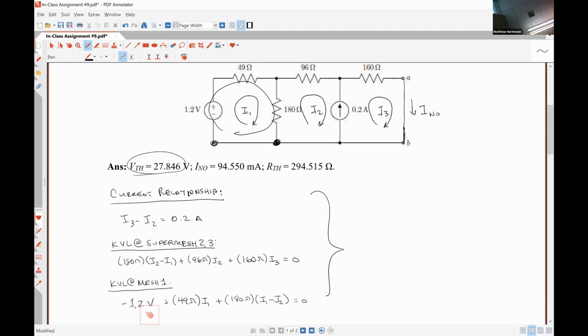It's equal to 0. And in equation 3, I have 49 plus 180 for my coefficient for I1, negative 180 for my coefficient for I2, 0 is my coefficient for I3, and positive 1.2 volts is my constant term. So I have to solve this system. I get I1 is negative 77.647 milliamps.